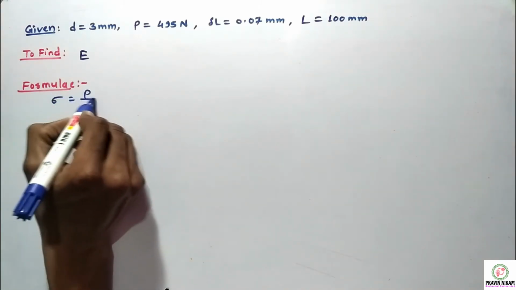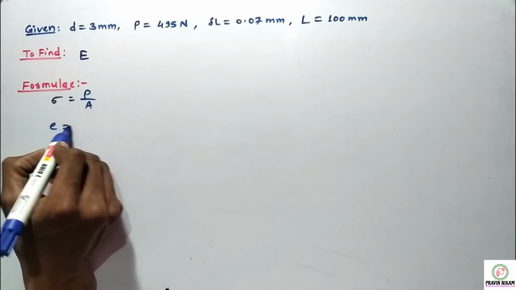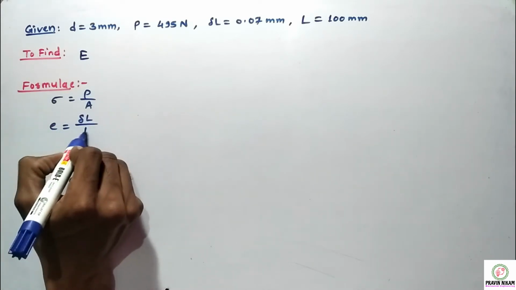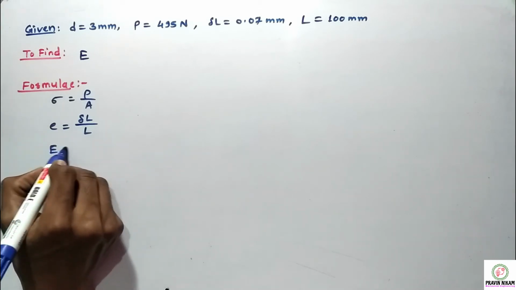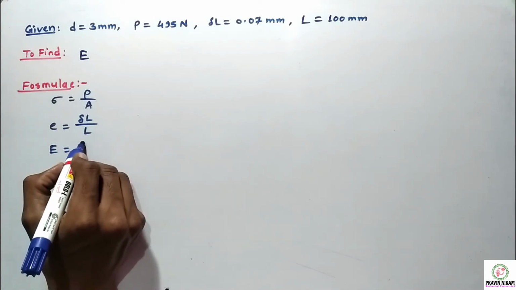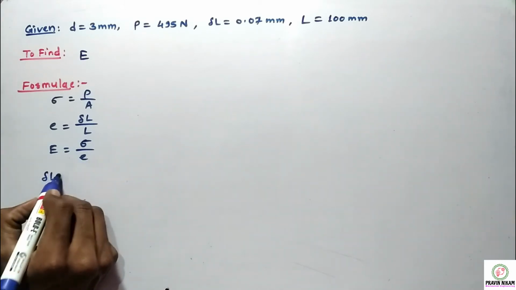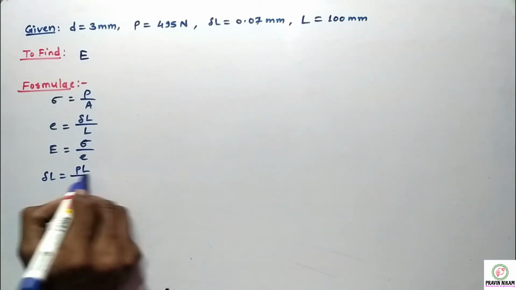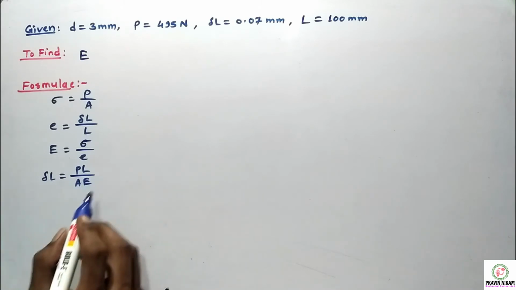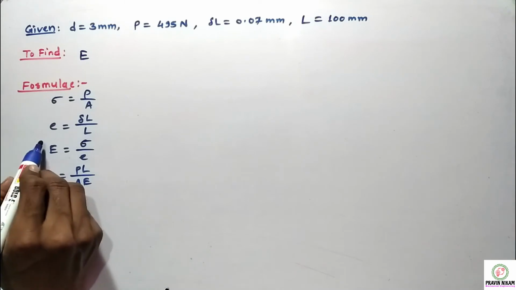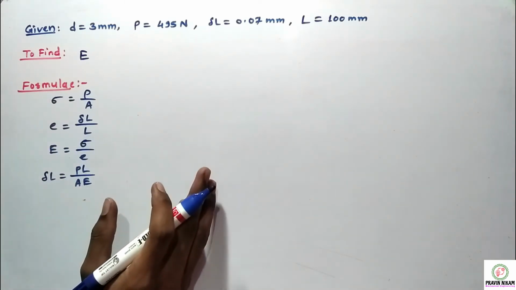Sigma is equal to P divided by A. The formula for strain is small e is equal to delta L divided by L. For modulus of elasticity, capital E is equal to sigma divided by small e, and for change in length, delta L is equal to PL upon AE. From this equation you can find out capital E, or from this equation you can find out capital E.